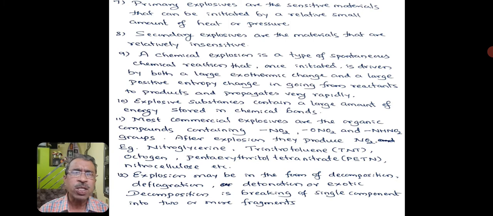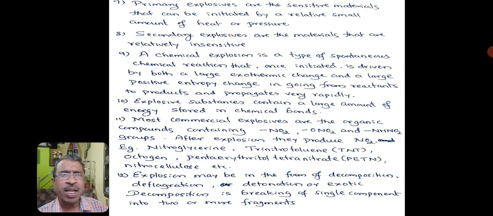Explosive substances contain a large amount of energy stored in chemical bonds. Most commercial explosives are organic compounds containing nitro groups, nitrate groups, and imino-nitro groups. After explosion, they generally produce nitrogen dioxide.